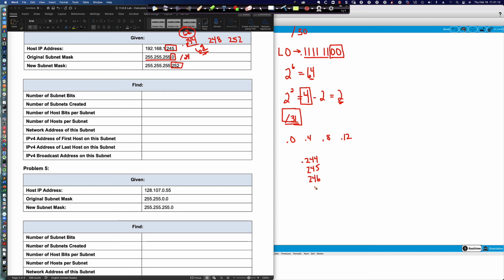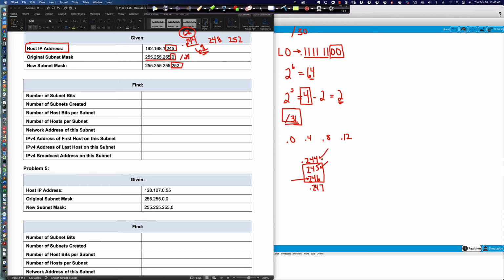Another way that you could figure this out is to remember that in a /30, and I should say in all of the subnetting that we're doing here, the first usable IP will always be an odd number. So if 245 is the host IP in a /30, that means that the other IP can only be .246 because we can only have 2 usable here.